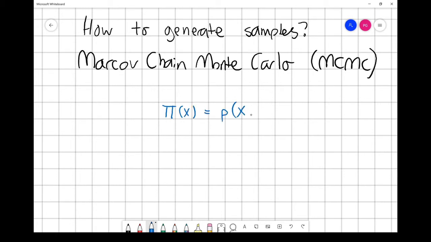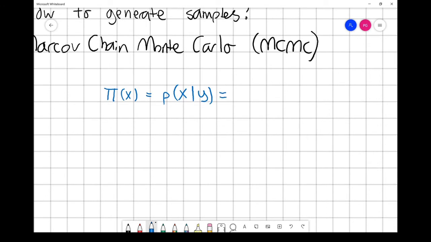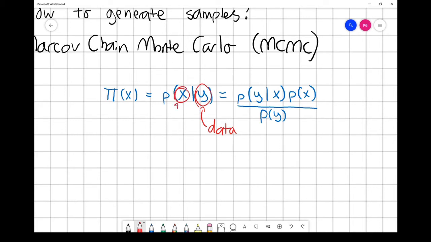So what we're interested in is probability of x given y, which we've decided to address by writing down Bayes' theorem, like I've shown here.